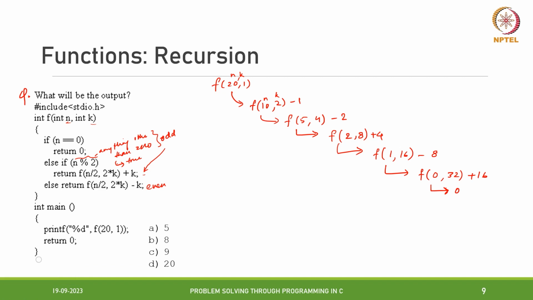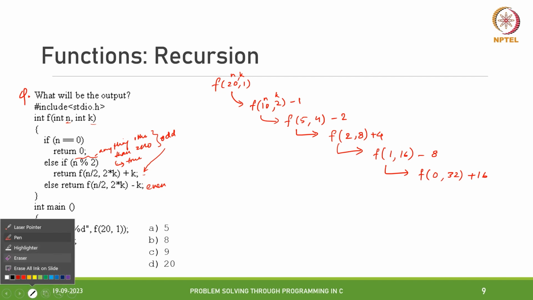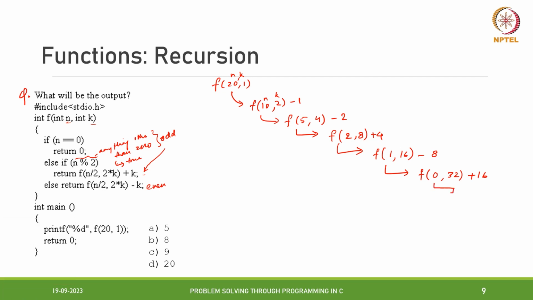So instead of writing like this, I will say this will come back with the value of 0. Okay, so this value is 0. Now if this value is 0, this value is 16, right?